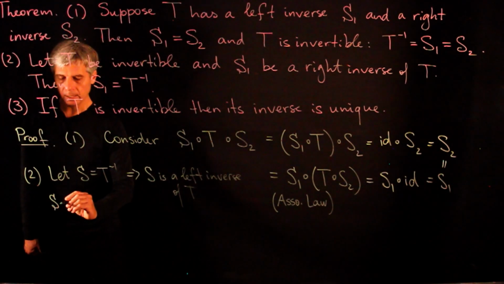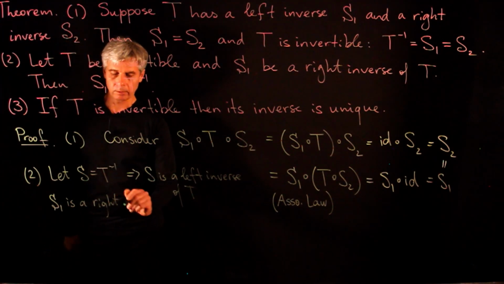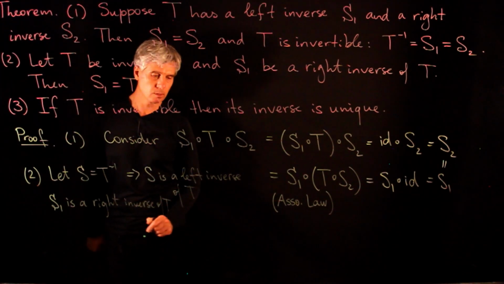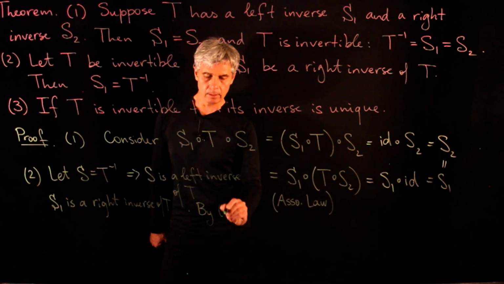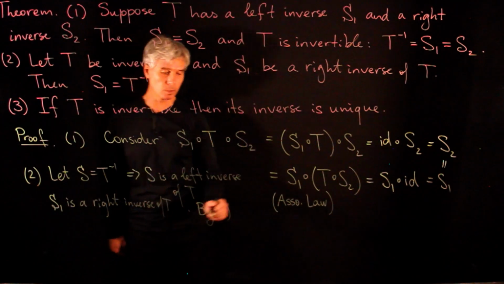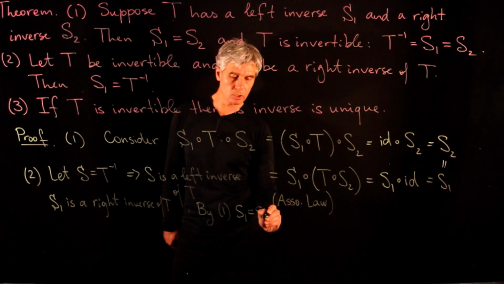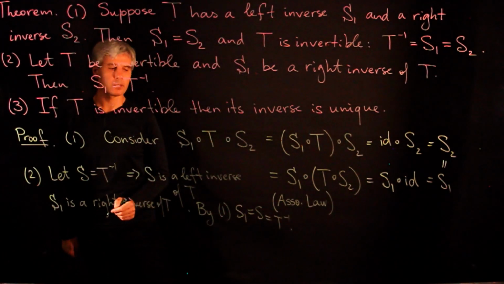And S1 is a right inverse of T. So then by property 1, if we have a left inverse and a right inverse, they're equal. So we get that S1 is equal to S, which is T inverse. And this proves part 2.